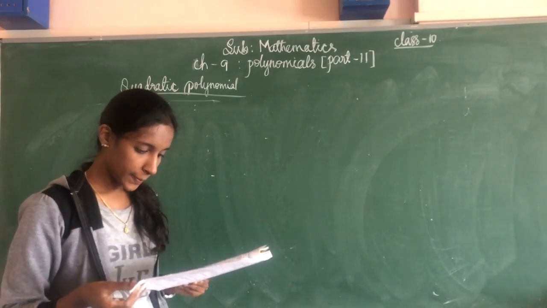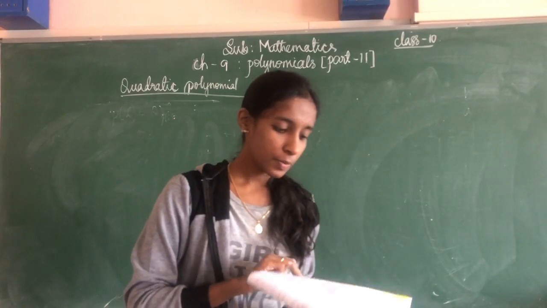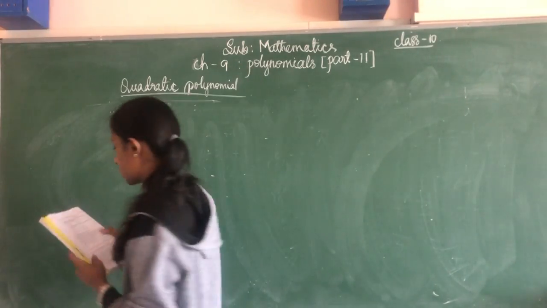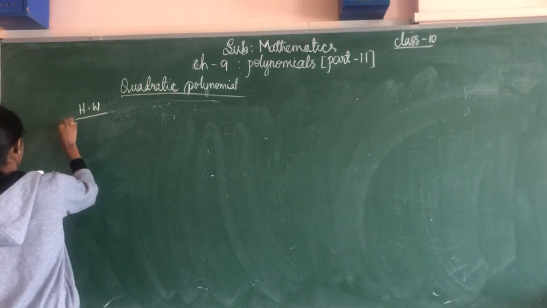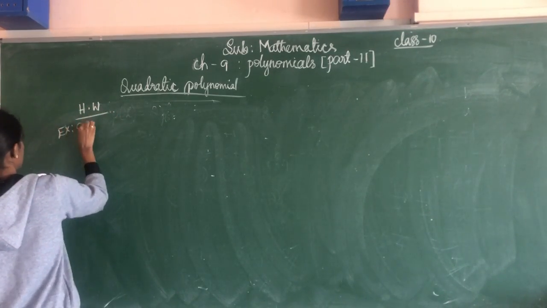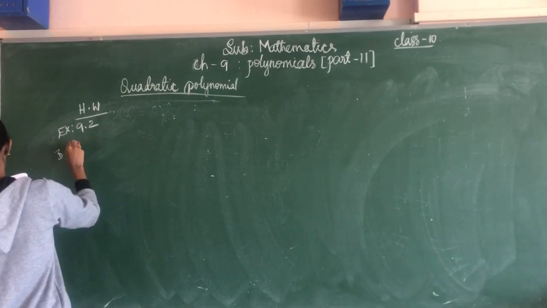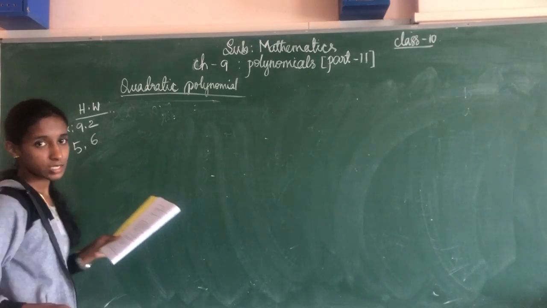That is x square minus 3, example 3. Fifth problem is similar to example 3. Okay, do it by yourself. So the homework is exercise 9.2. Third question. Fourth, third, fifth, and sixth.